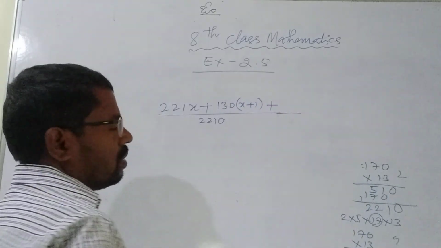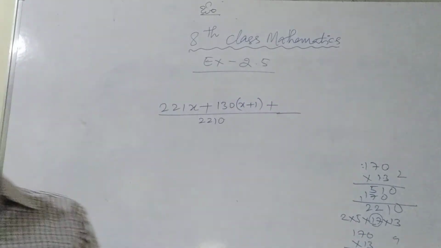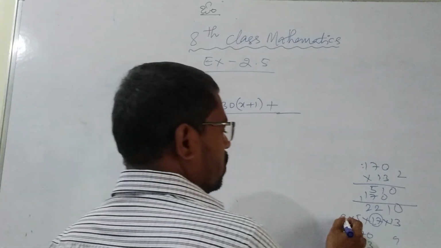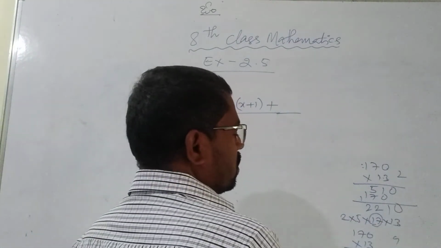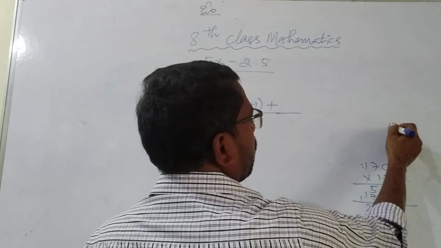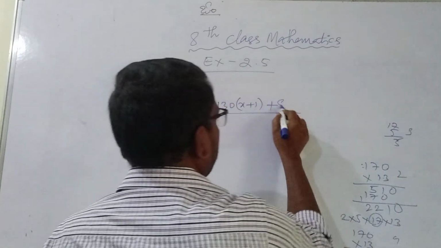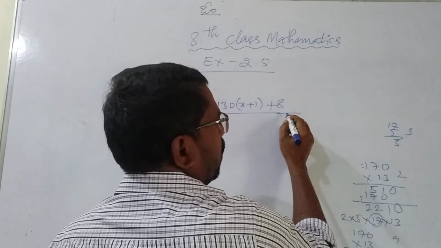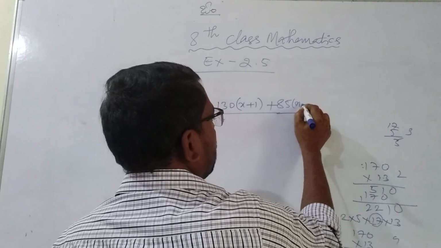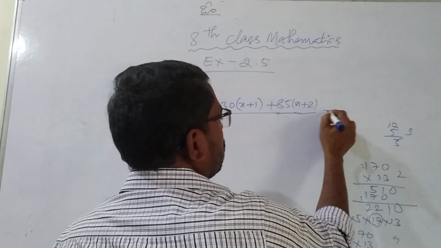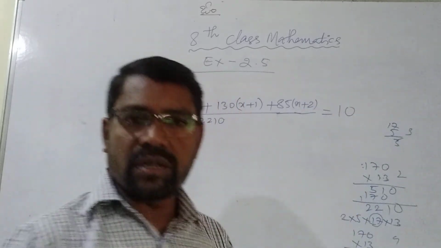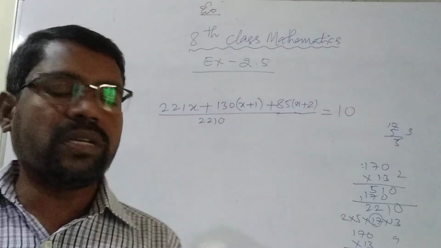Plus the next one, 26: 2 into 13 is 26, and 17 fives are 85. So 85 into x plus 2, which is equal to 10. The total resultant value should be equal to 10.